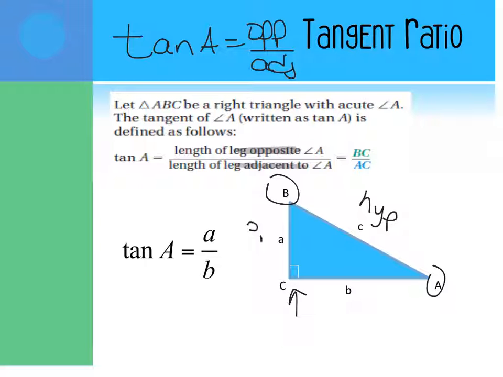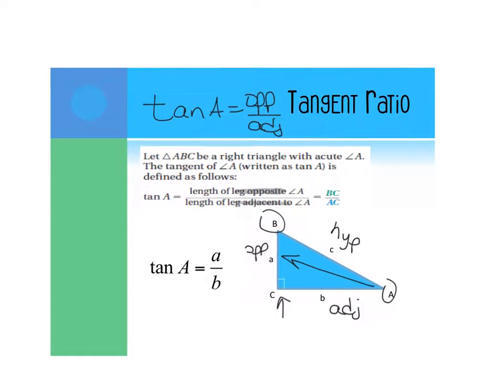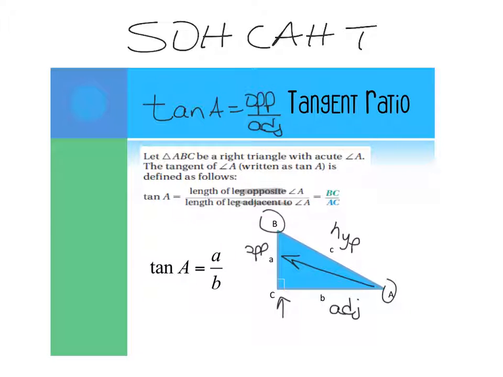A. It's across from the A, so it's opposite. And then the lowercase b is going to be our adjacent side. So as soon as I can figure out which side is opposite, which side is adjacent, it makes the problem super easy.